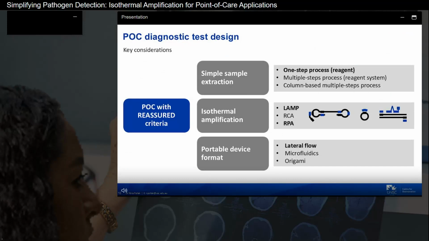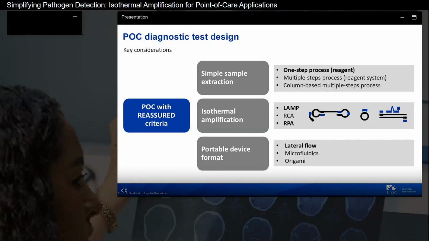Now that I've shared a few real-world examples of diagnostics well suited for decentralized testing, let's shift focus to the key considerations for designing a point-of-care test, incorporating the REASSURED criteria I introduced earlier in this webinar.